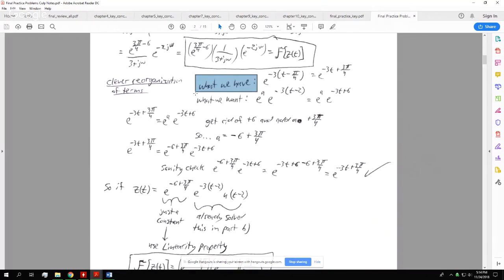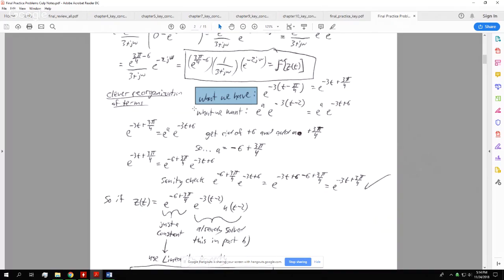And if we're going to use the time shifting property outright, without any extra first steps, or without having to plug through the whole definition integral, we need to get this, what we have, into this form, into what we want. So we need to take this signal and turn it into something that looks like this. Because what we want is that we want this phase shift to match our time shift.